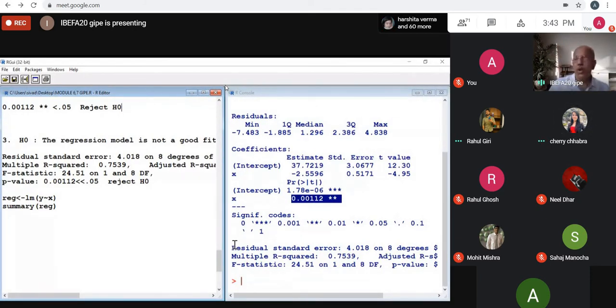With how much tolerable error? 4.018. Finished. So this sample says in the shopping mall there is a dependency in the opposite direction because beta 1 is negative. The greater the distance, the fewer people visit.